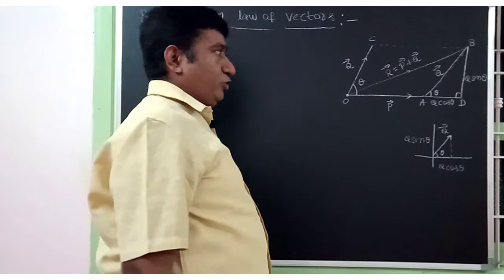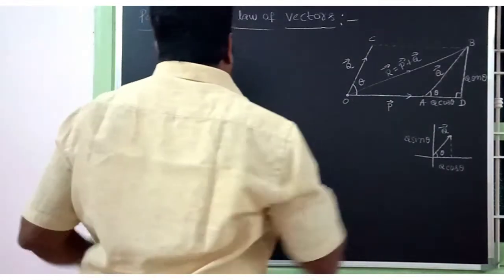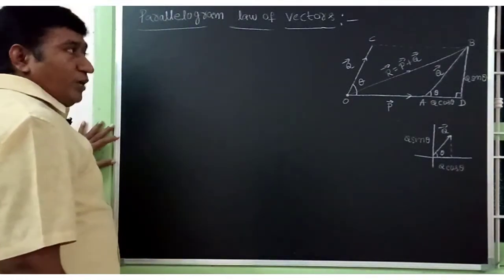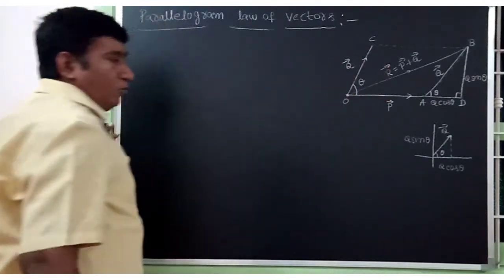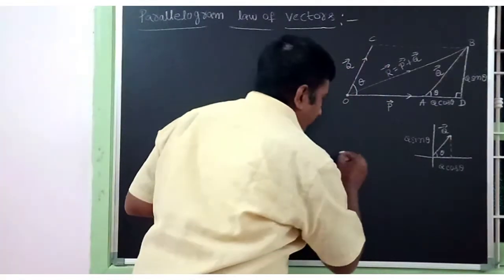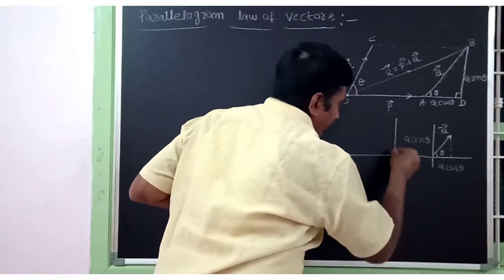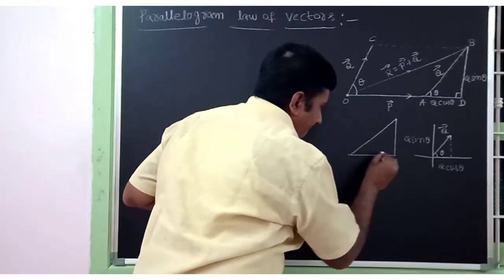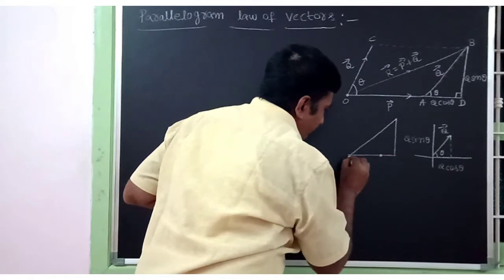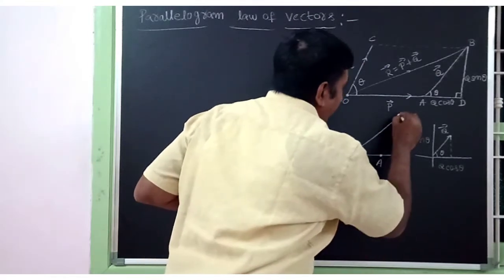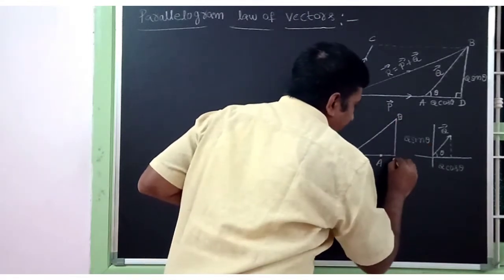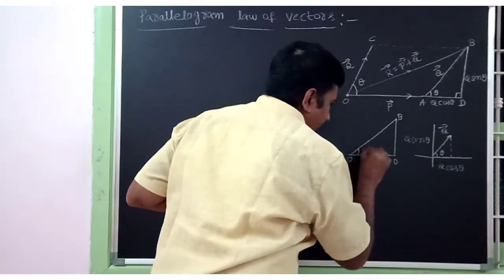So here now I have to find the resultant, which is nothing but OB. If you see clearly, I can take this as O, A, B and D. This makes an angle of theta.